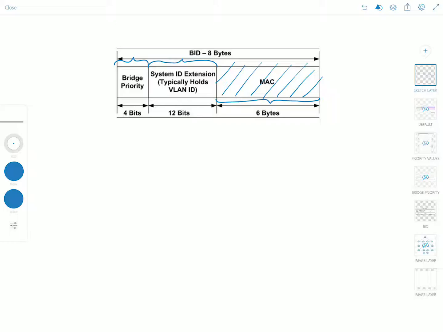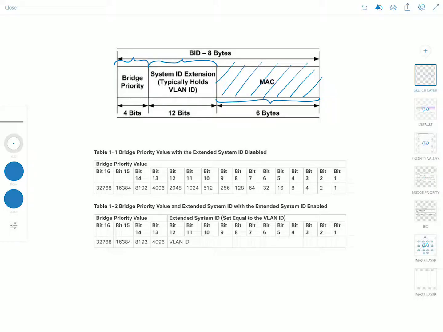And let me open up a hidden layer here, because these two tables show the differences between when the system ID extension was disabled and when it was enabled. So when this extended system ID was disabled, all 16 bits were used for the bridge priority, and you can see that on here. So that's all there is on this field. There's no VLAN ID, and all 16 bits are dedicated for the priority value.